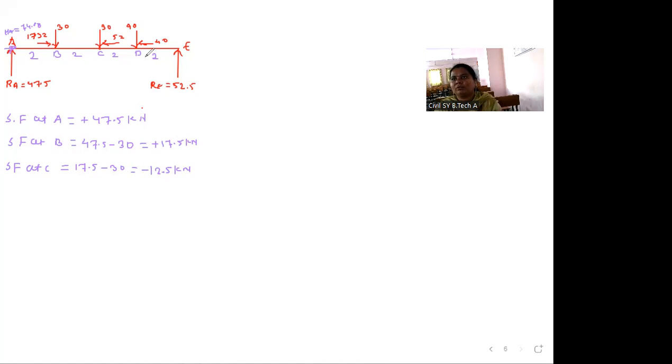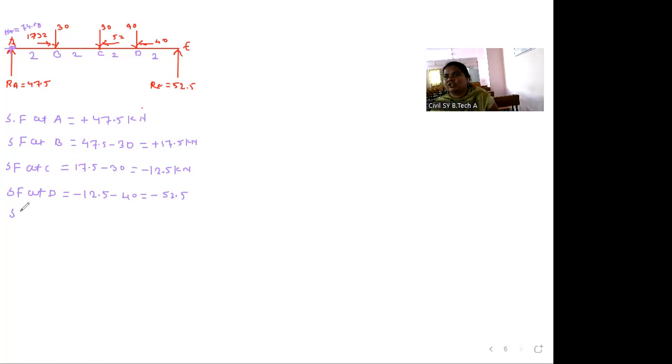After that we will calculate shear force at D. Shear force at D is equal to, up to D point force is minus 12.5 and at D point downward 40. So minus 40, which is equal to minus 52.5.